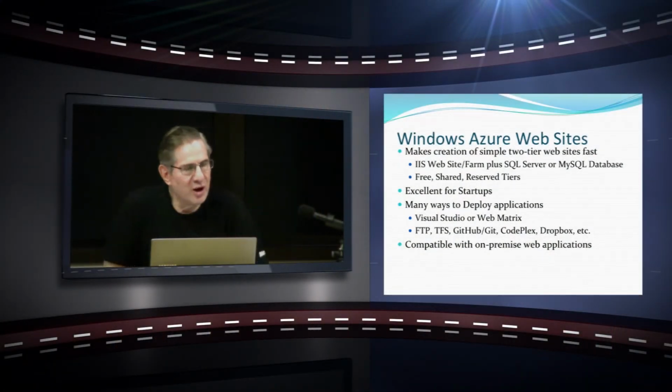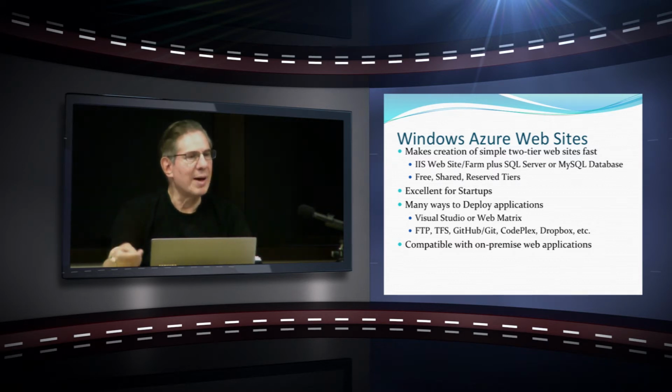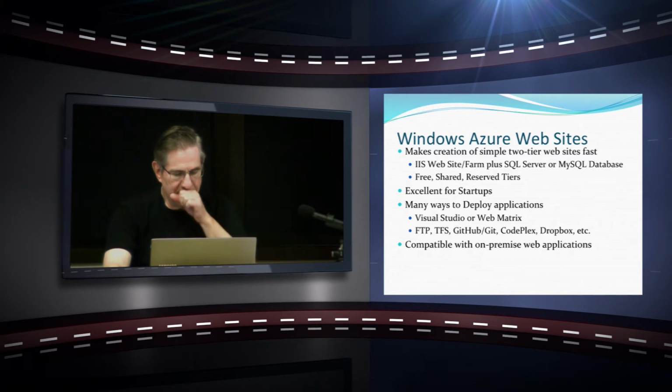Also, websites are easy to deploy your on-premise applications with. There's all kinds of ways to test an application on-premise and then deploy it up into the cloud. Not only Microsoft tools like Visual Studio and WebMatrix, but also things like FTP and Git and Dropbox and a whole bunch of other tools that you can use to push an application up into the cloud once you've developed it on a laptop or in your data center.